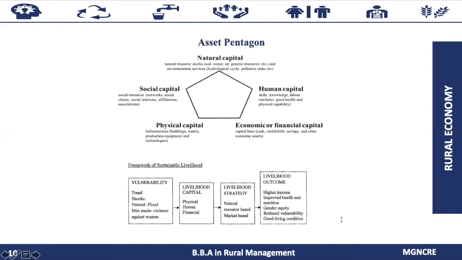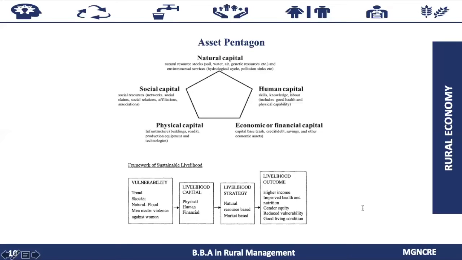Outcomes can be examined in relation to the achievement of more income, increased well-being, reduced vulnerability, improved food security, more sustainable use of the natural resource base, social relations, status, dignity, self-respect, and such other points. These are set according to the objective of the task.